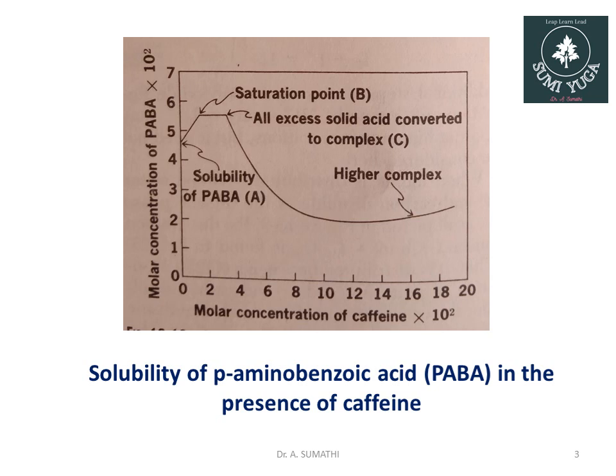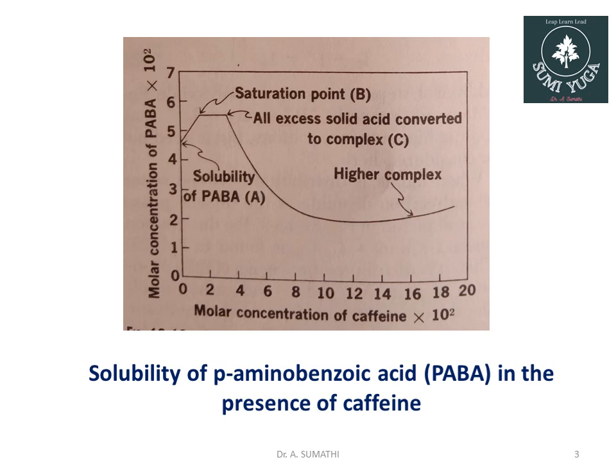After A, you can observe a plateau. Plateau means a straight line, a flat surface. Here it reaches the saturation point. After that you can observe another region, C. Here all the excess solid acid is getting converted to a complex.